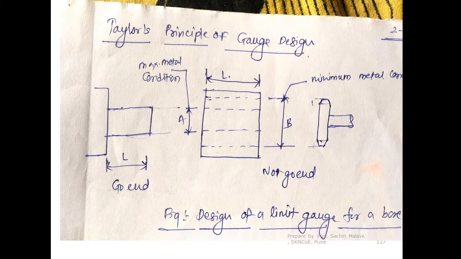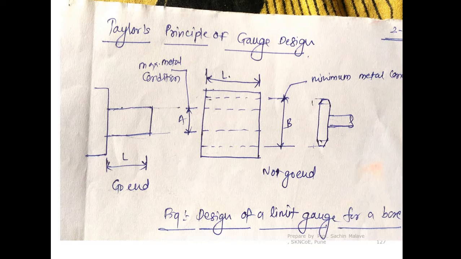Opposite to that, when the hole is at its maximum size, there is a possibility that the hole may have this size B. So when the hole is at its maximum size, the minimum amount of material is remaining in this part.